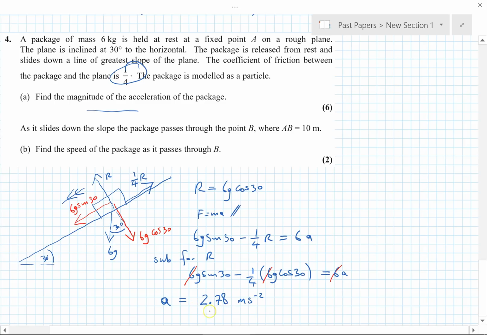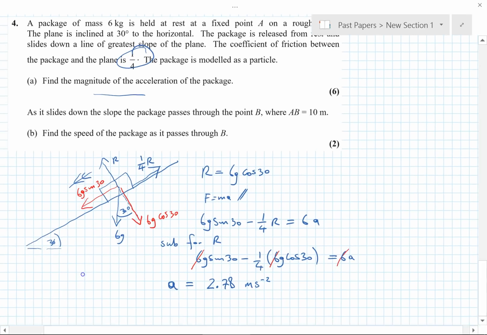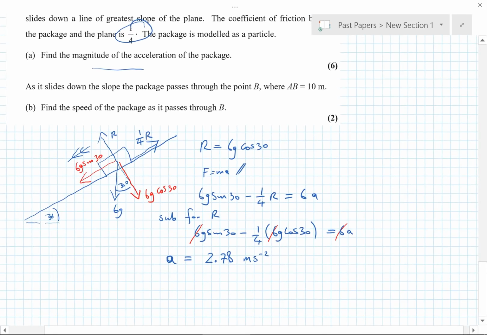So if you use this 2.78 and not the stored answer from before, you're going to get a rounding error, because you prematurely used a rounded answer. Okay, I'll show you in a sec.